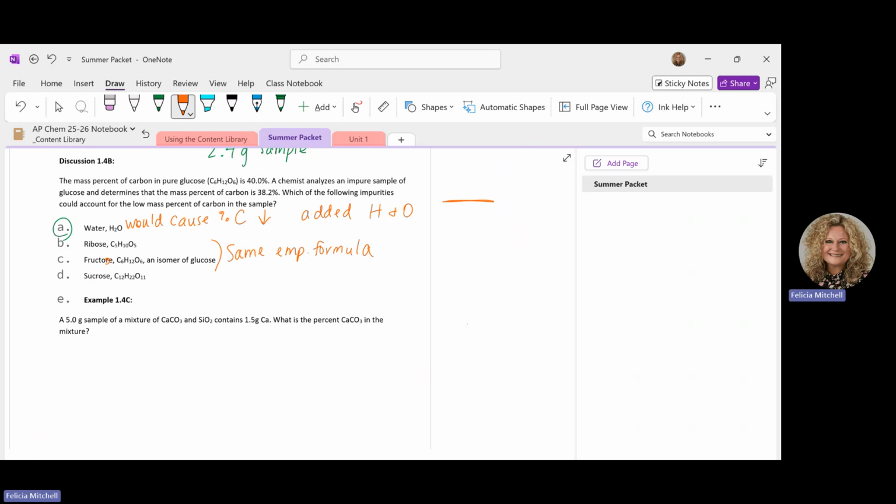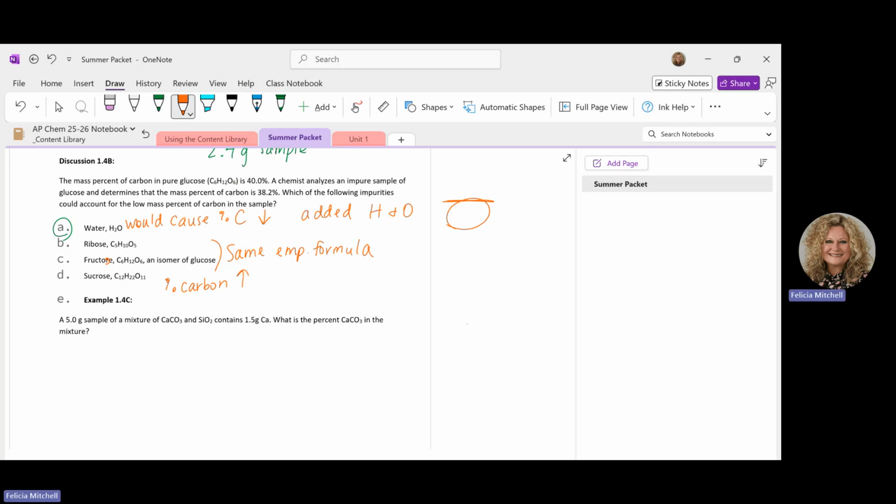If you are going to add to the total mass, but you didn't add carbon, you've decreased your percent by mass for carbon. And down here, this is adding everything. It's adding like C12H22O11, but it is definitely going to end with the percent carbon being increased.